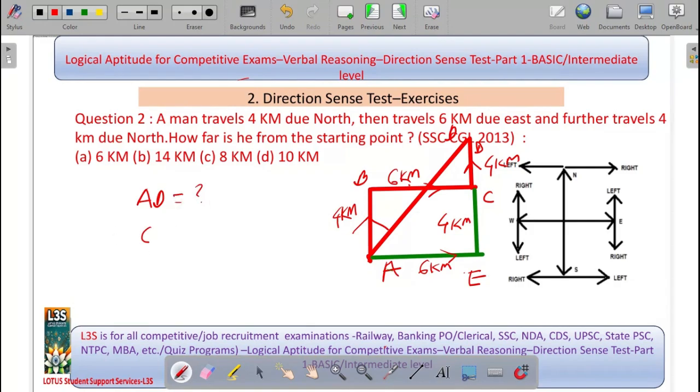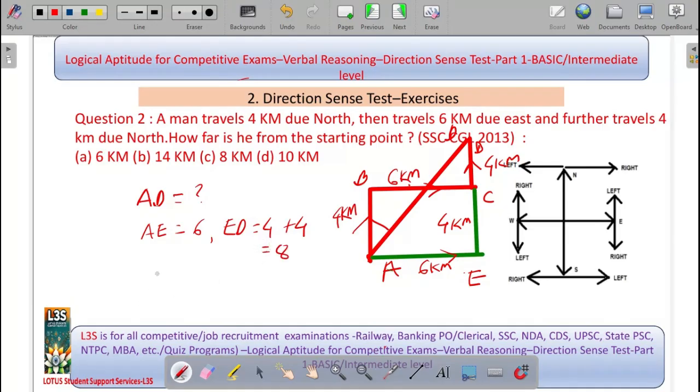We know AE equal to 6, then ED equal to 4 plus 4 kilometer, 8 kilometer.